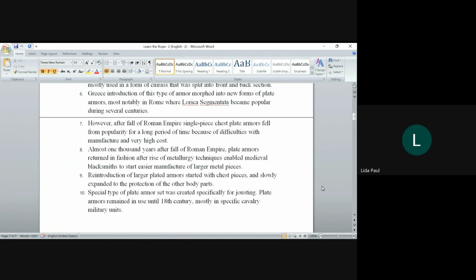Then, after fall of Roman Empire, single piece chest plate armors fell from popularity. Anything else in that line? Single piece. No, nothing, right? So, second line, from popularity for a long period of time because of difficulties with.